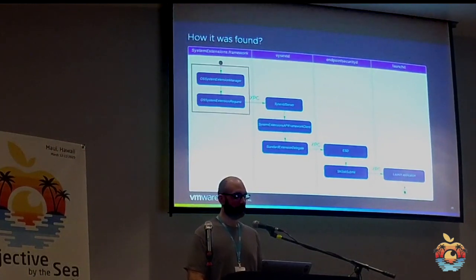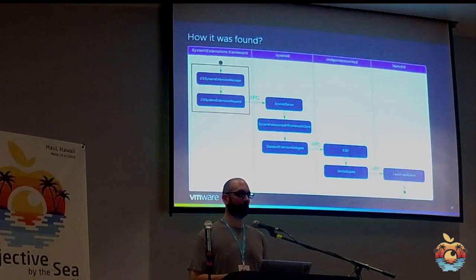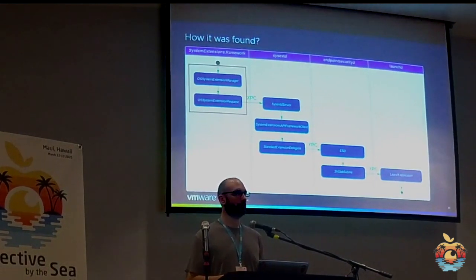Behind the scenes, though, that's actually creating an OS system extension request object, and then there are appropriate subclasses for whether it's an activation request or a deactivation request. But essentially, that framework is just creating some of these details around what your endpoint security system extension is and passing it off to the system extension daemon over XPC.